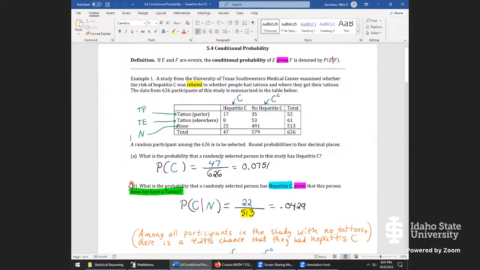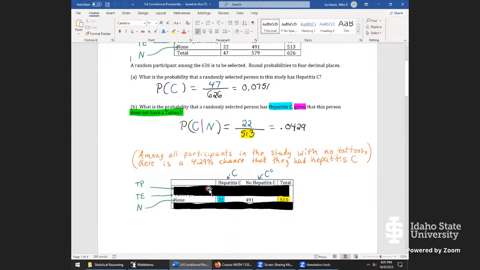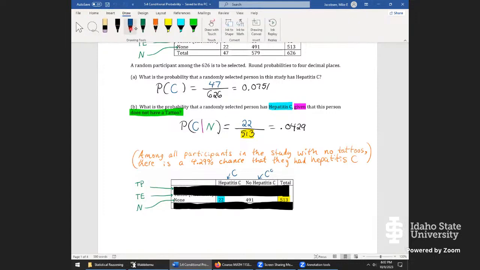So what we did in part B, to find the conditional probability of having hepatitis C, read the vertical line right here as given, no tattoos. Really all we did was take the table and get rid of all the possibilities except for having no tattoos. So this told us to focus right on that row.